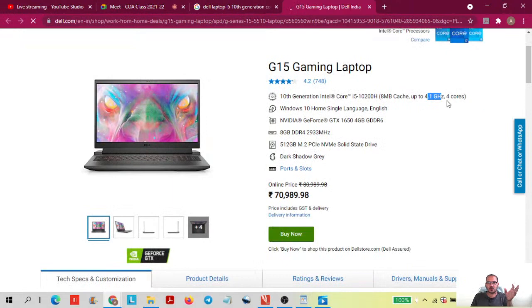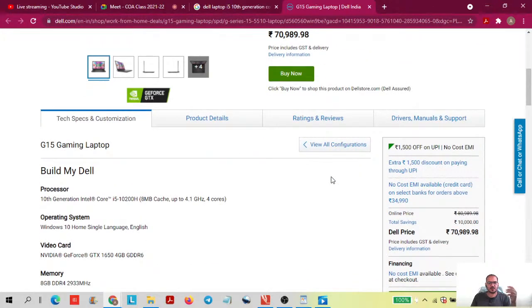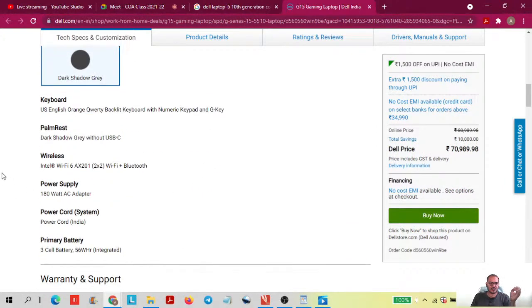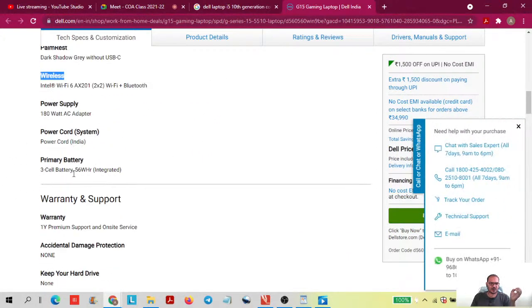There are 4 core and 8 core processors, quad core and octa core. Octa core helps in handling multiple tasks at a time. These are some of the features: wireless power supply.